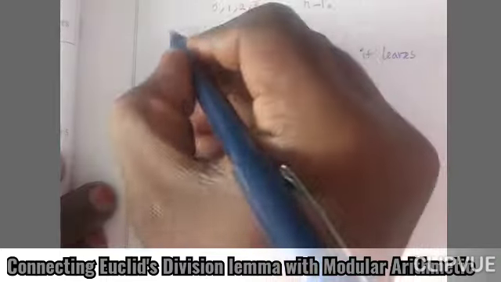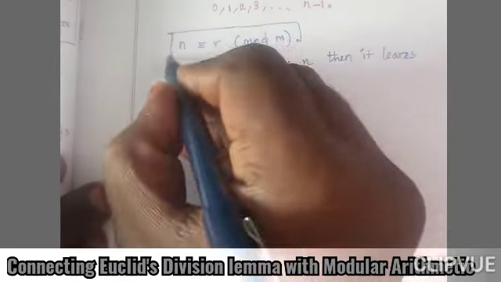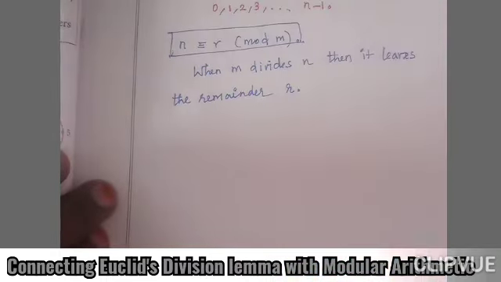So it can be written in the form n congruent to r mod m. This is the concept.